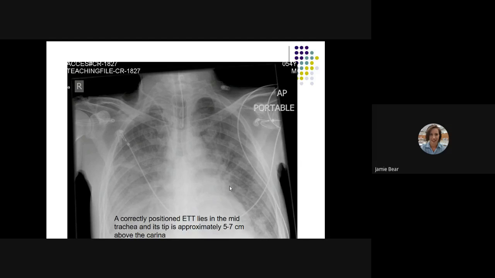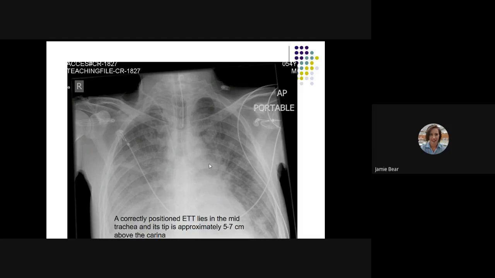Okay, and it's on both sides. And you guys see all the little white markings throughout both sides? My guess is this patient probably has pulmonary edema. So fluid leaks out of the vessels and into the interstitial spaces. And right by the interstitial spaces is the lung parenchyma.